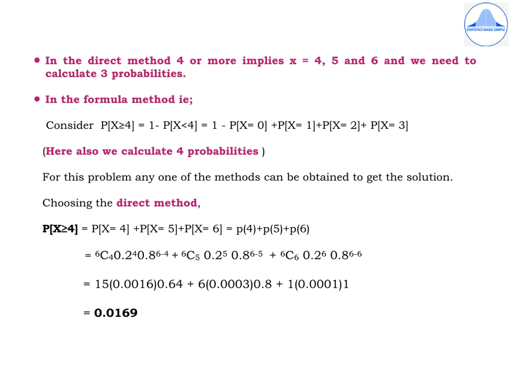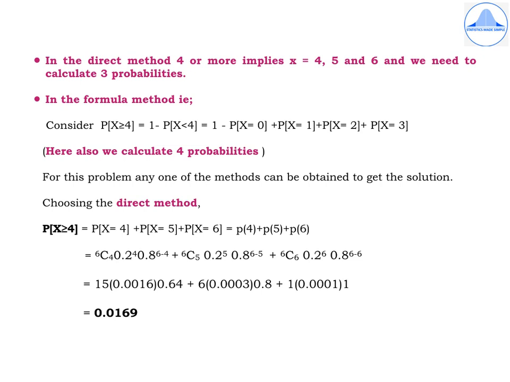And if I use the formula method, as shown on the screen, just check the formula method equation which I have written. Consider probability of x greater than or equal to 4. In the formula method, this is written as 1 minus probability of x less than 4. Now what are the values which are less than 4 in the range?